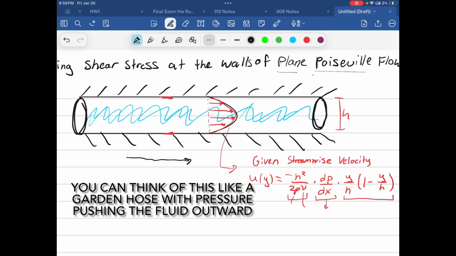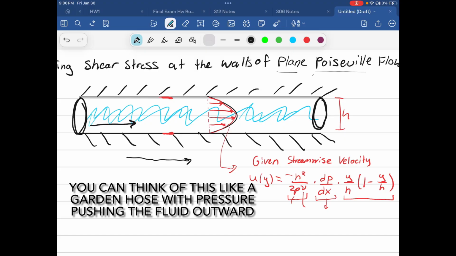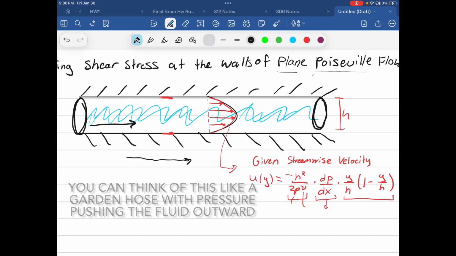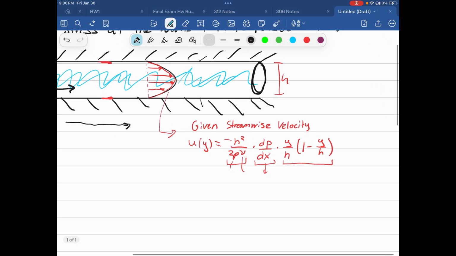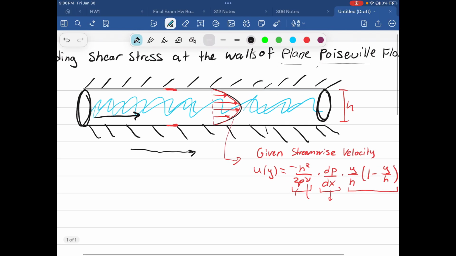And so that change in pressure is what's actually causing this fluid to be flowing to the right direction. Because with this type of flow, we have these two walls which are stationary, they're not moving, unlike a Couette flow. So this dp dx, this change in pressure where we have high pressure and low pressure, this is what's causing our fluid to be flowing.